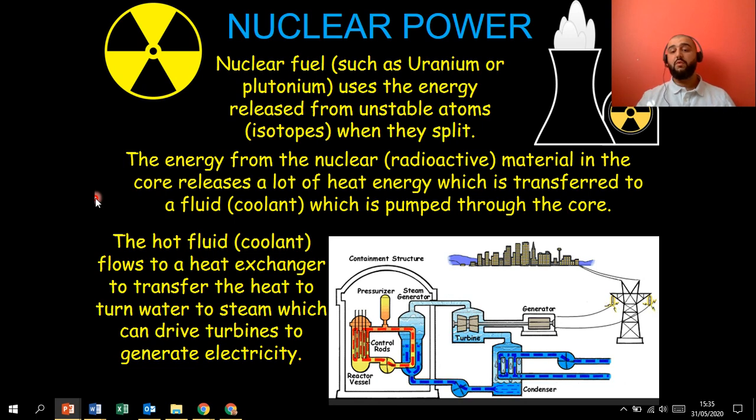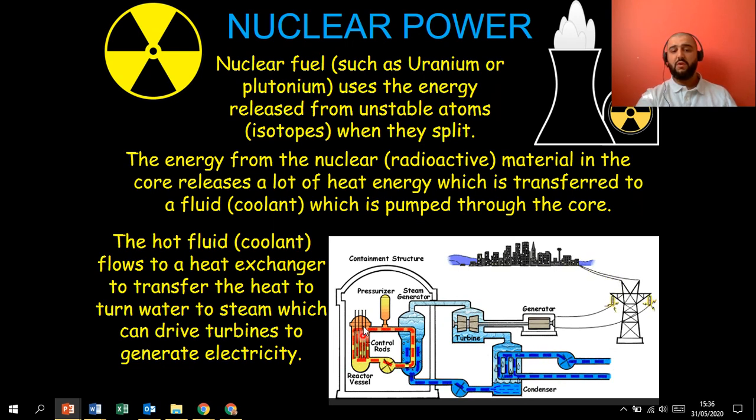Now, it's true that the water is actually recycled because the steam recondenses, as you can see here, and that is a physical process. It's not a chemical reaction, so we can do that infinitely to keep the water going around the system. Now, the water not only generates the steam, but it also acts to cool the control rods.